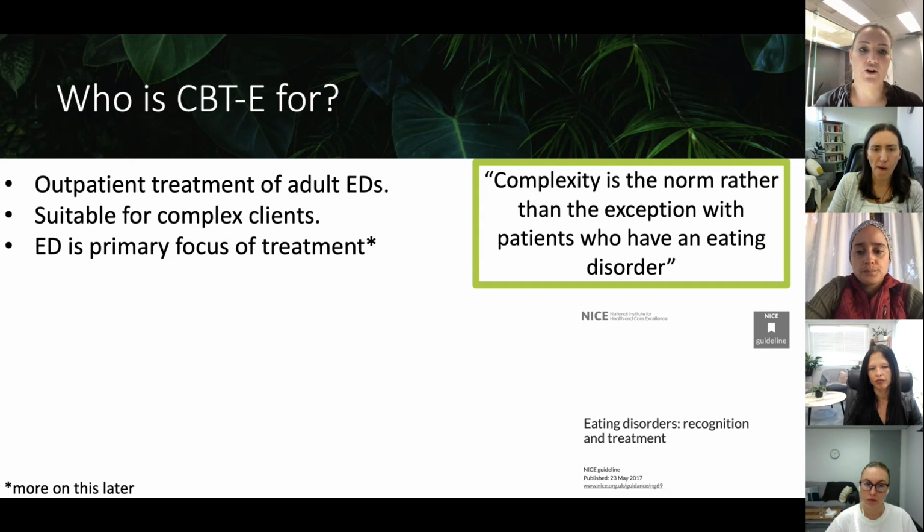Obviously, CBT-E is also for patients for whom an eating disorder is the primary focus of treatment. Something we've been speaking about in the clinic more recently is somebody who has an active eating disorder and active behaviours that are maintaining it.